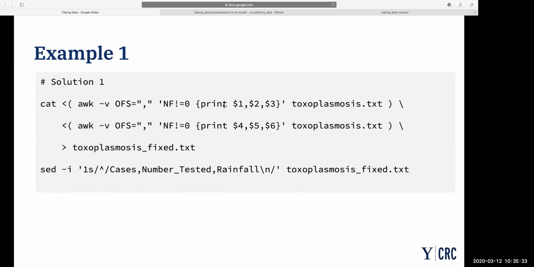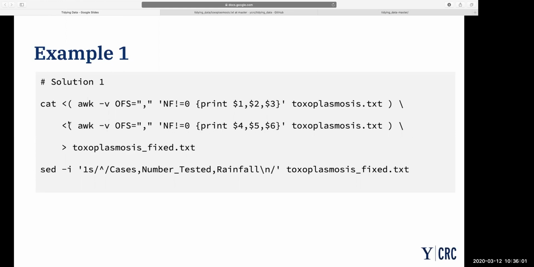And the thing to remember about awk is it starts counting at 1. So this is the first column. In this case, awk is smart enough to skip the empty space at the front of those lines. So I can do this to get those first 3 columns, and then I can run that same command again to get the second 3 columns.